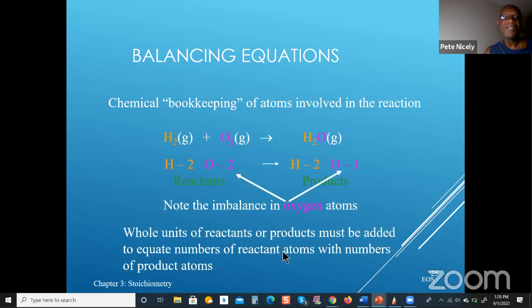So what we have to do is add whole units as coefficients, right? Before the formula for the particular element or compound substance that needs to be balanced in order to make sure that the number of atoms of the same element will be the same on both sides.